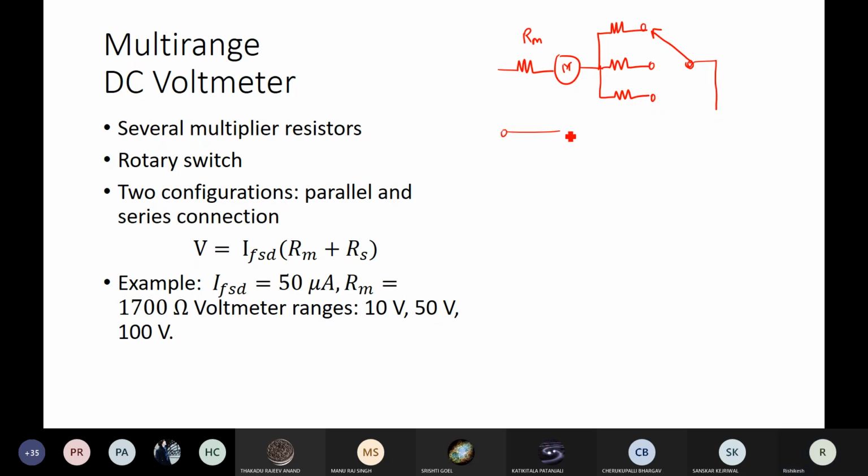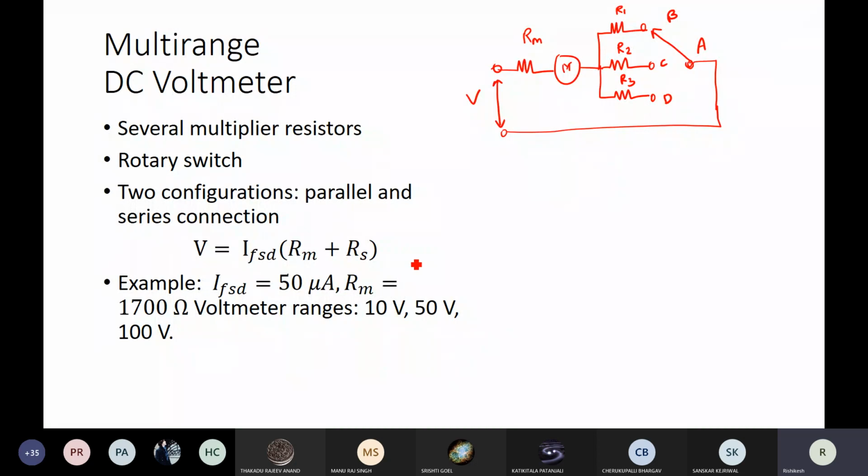Then the voltage across these two terminals can be measured depending on the user selected range. These are all multiplier resistors R1, R2 and R3, with positions A, B, C, D.